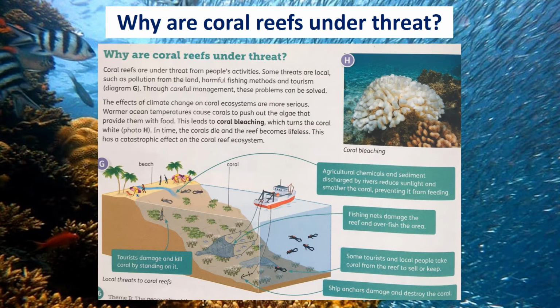Okay, so let's speak about a few of the reasons why coral reefs are under threat. Coral reefs are affected by issues that happen locally, nationally, in the wider country, and globally as well. The first reason is to do with agricultural chemicals and sediment discharged by rivers.